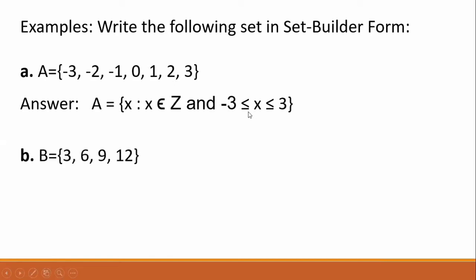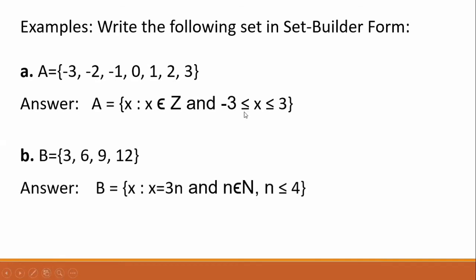What about letter B? For letter B, our answer is this one. B is equal to the set of x such that x is equal to 3n. Why is it 3n? Because as you observe, if you multiply any number by 3, we will find the other elements.